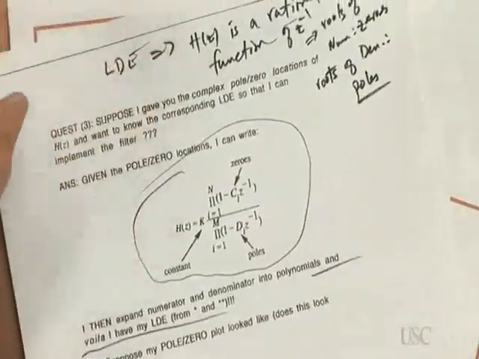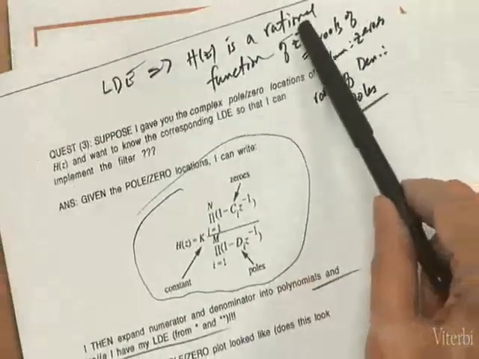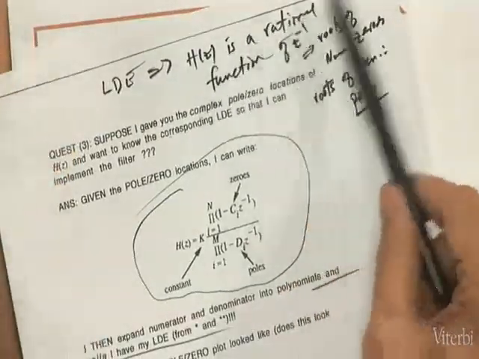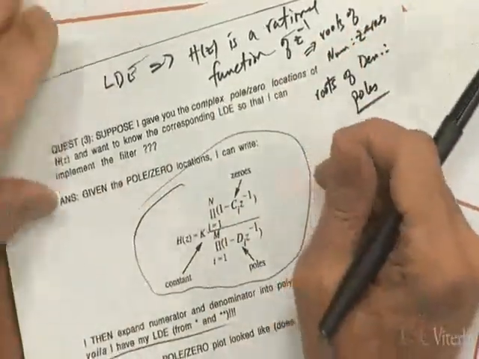And if it's a causal LDE, then H(z) is a rational function of z inverse, with no positive powers of z.